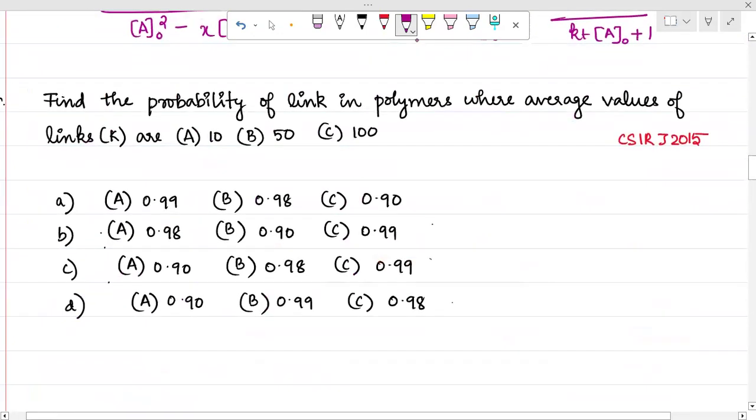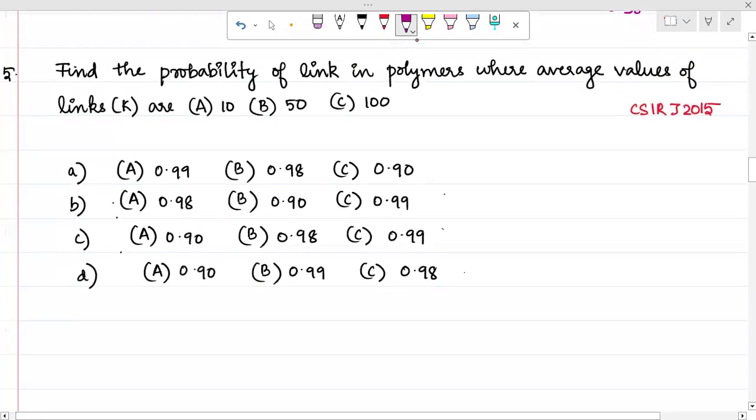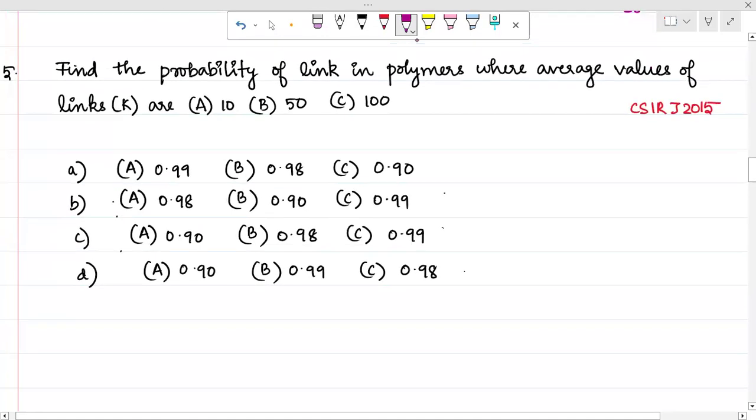Okay. Next question. Find the probability of link in polymers where the average values of links are for A, B, C, it's given. So for this, you have to know the equation and you do know the equation.